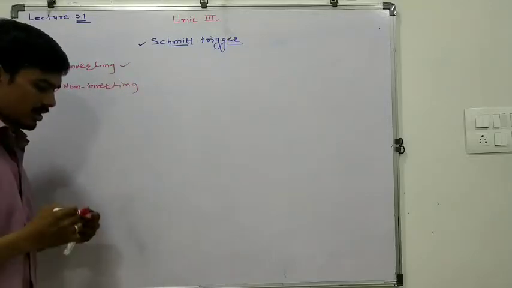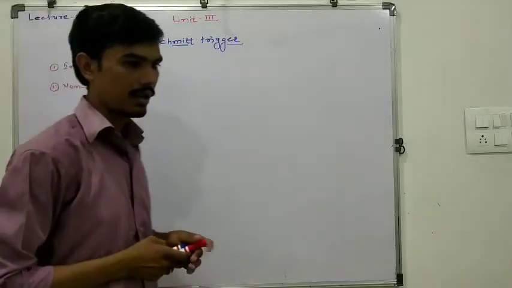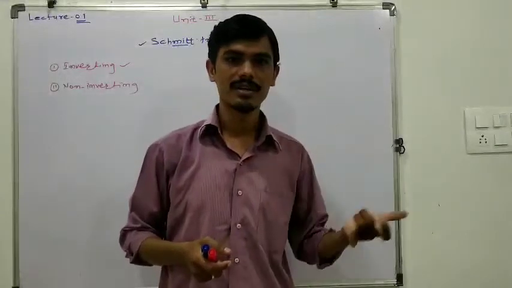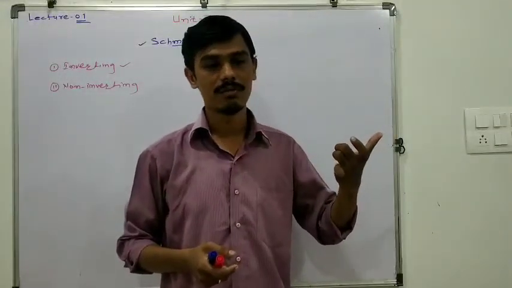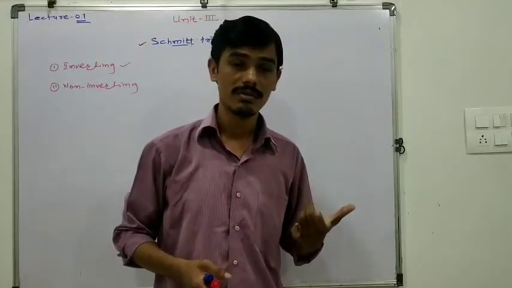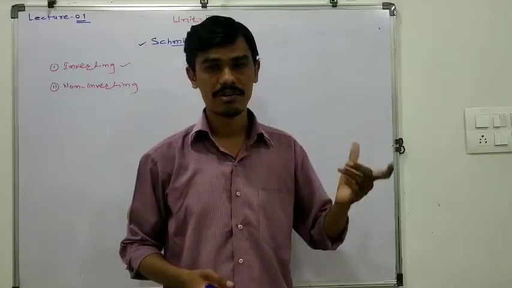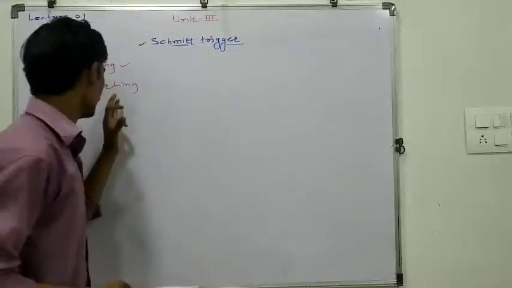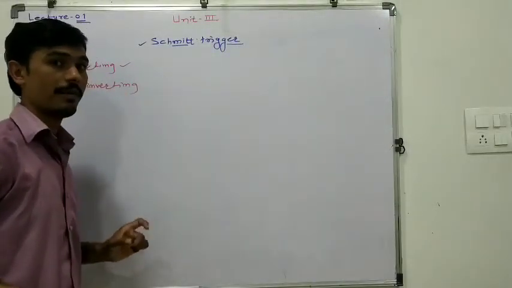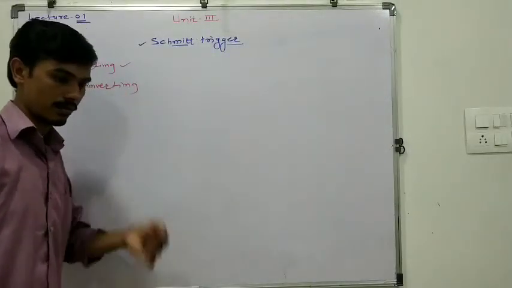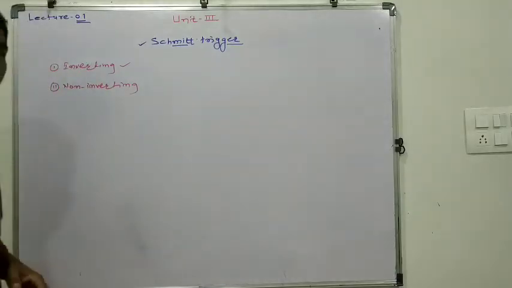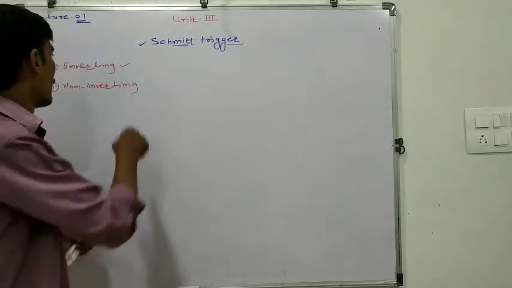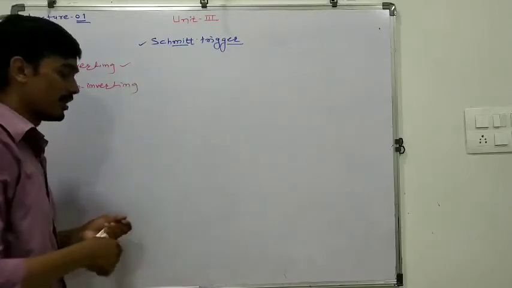Schmitt trigger circuit. Now we know on which factor we decide whether it is an inverting operational amplifier or inverting Schmitt trigger circuit, or a non-inverting operational amplifier or non-inverting type of Schmitt trigger circuit: it depends on the connection to which we are providing the input.